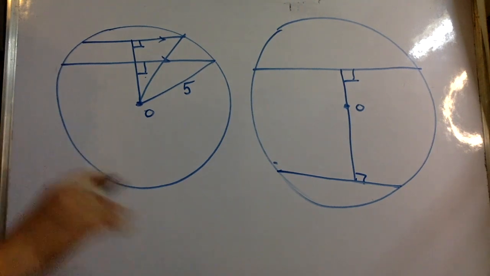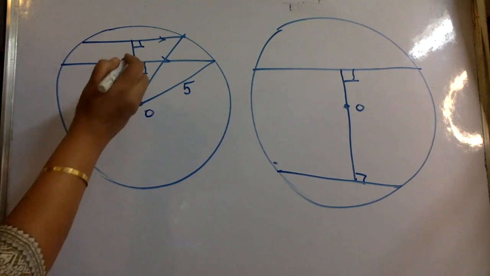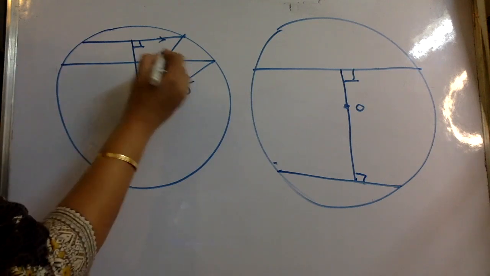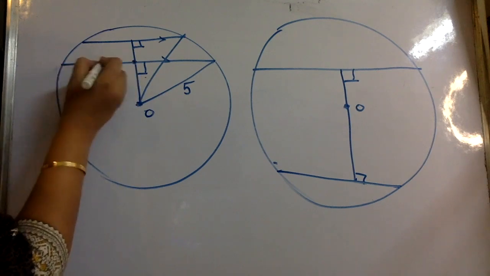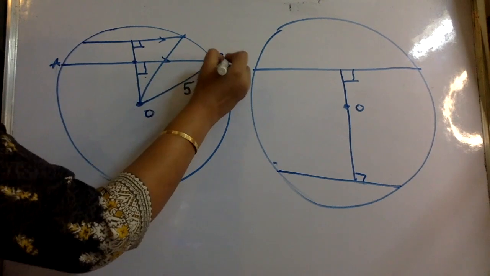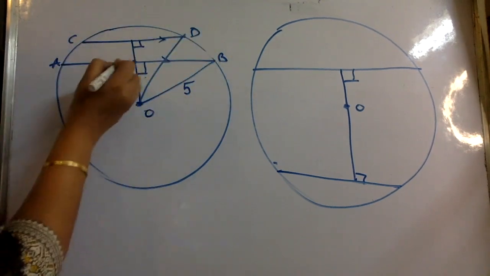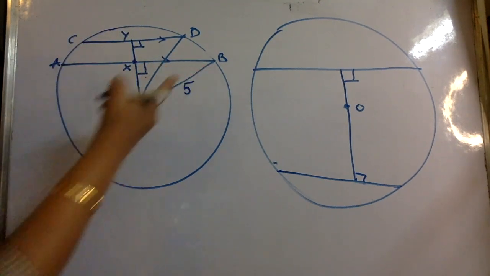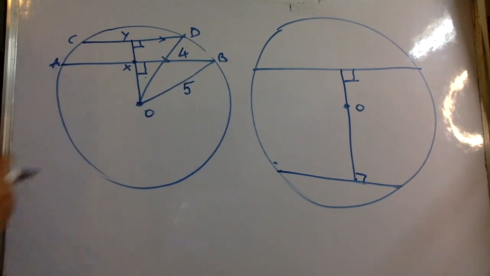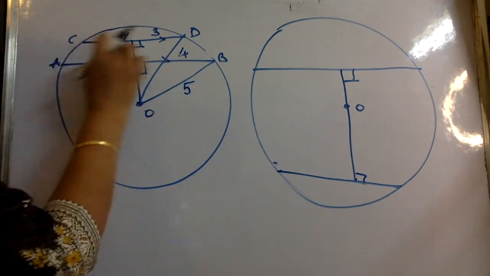Let me name it: this is A, B, C, D, and let me name this X, and this Y. Then XB is 4 because the full length was 8. YD is 3 because the full length was 6.